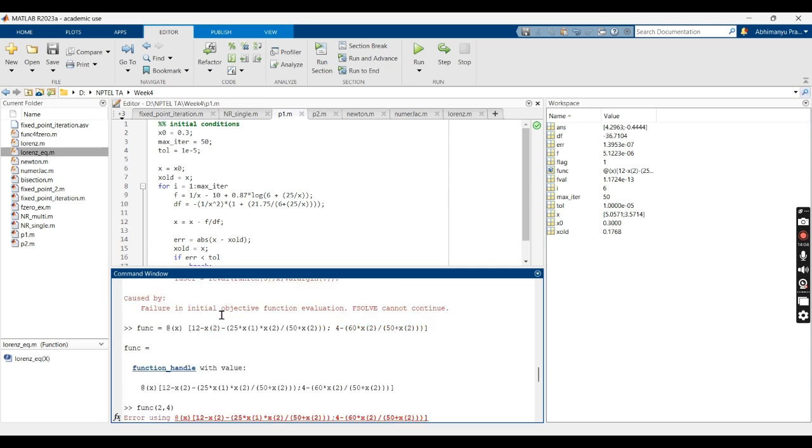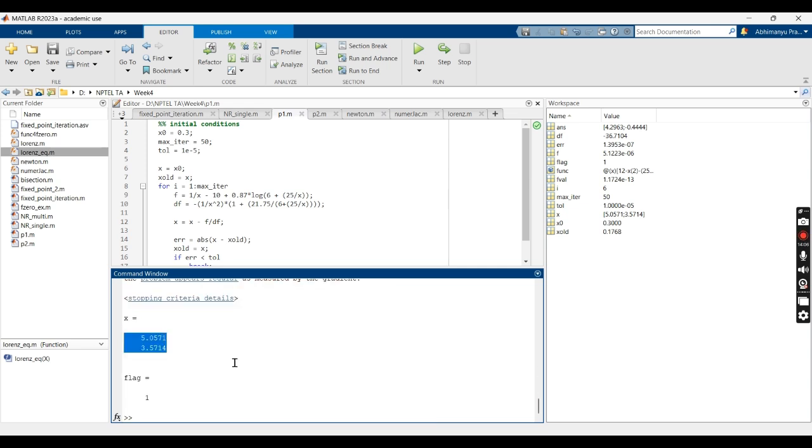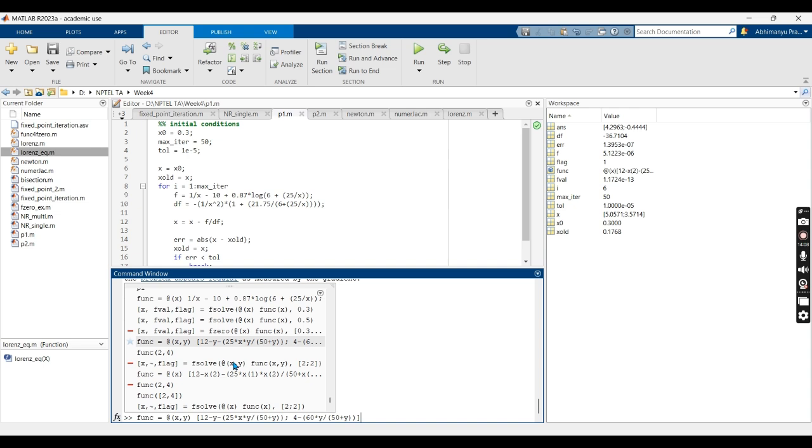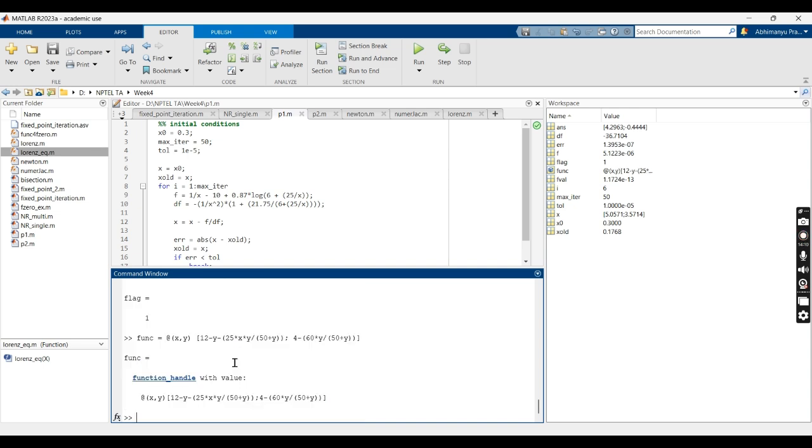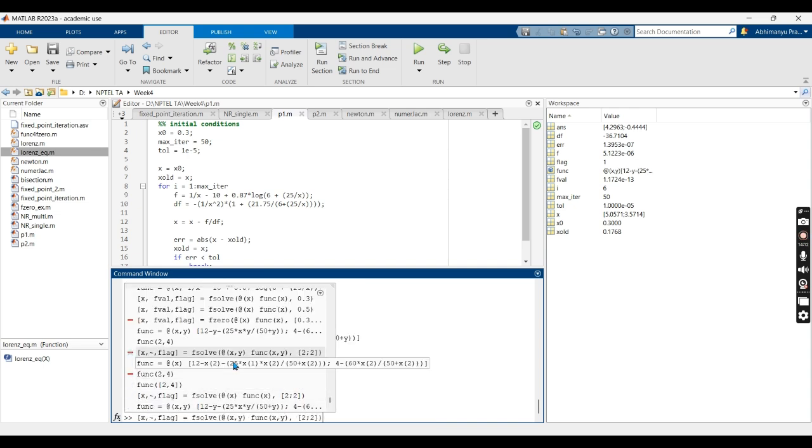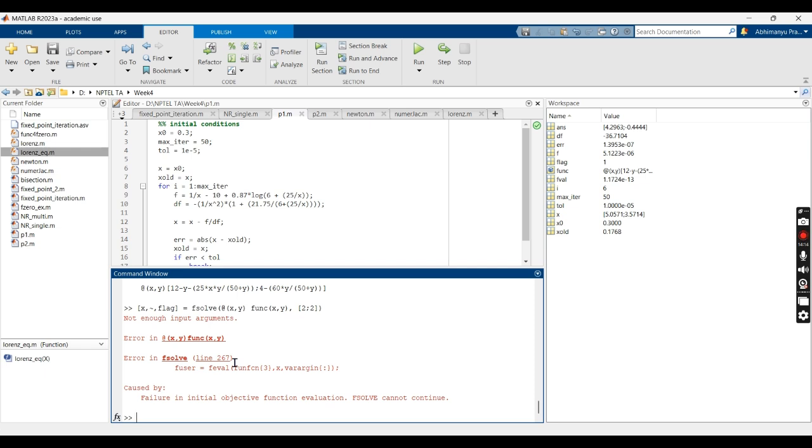So we created a function handle like the two-variable function. This function handle is also correct, but the reason it's not working with fsolve is because it basically means that we have separate vectors x and y, right? So this is why fsolve is giving us an error.